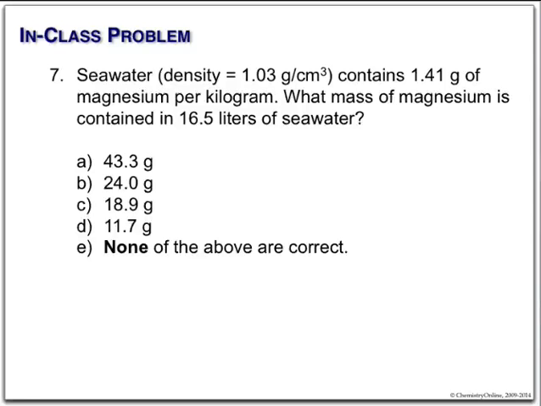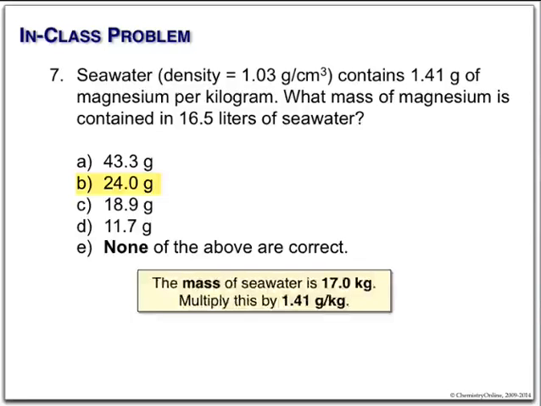We could set up our algorithm here and figure out how many grams of water we have, and therefore how many kilograms we have. If we know how many kilograms we have, just multiply that by 1.41, and you should actually get 24.